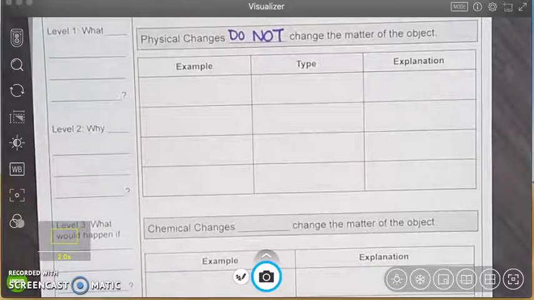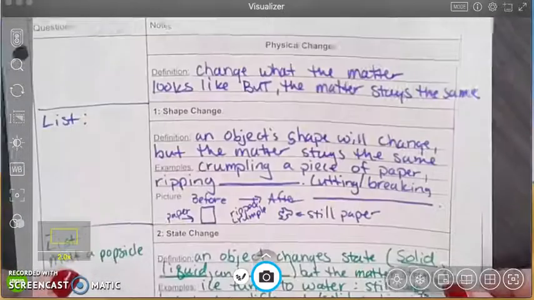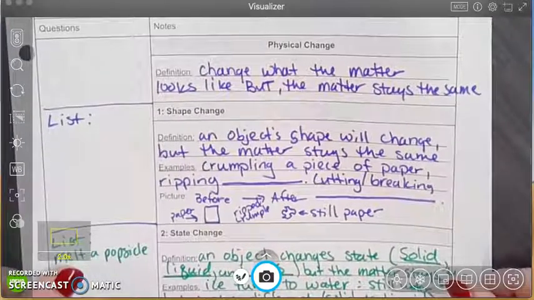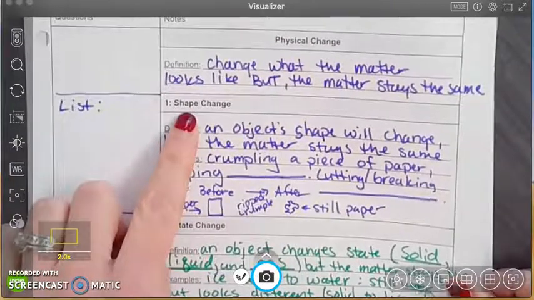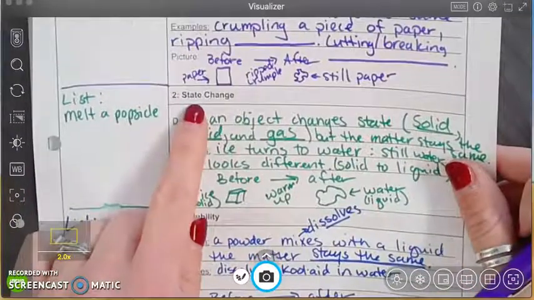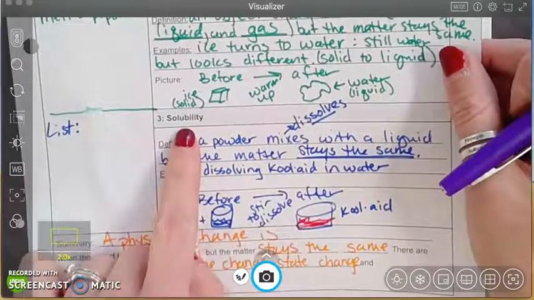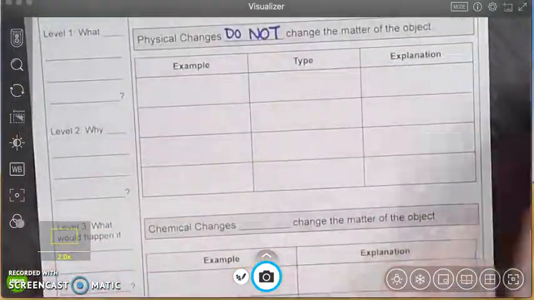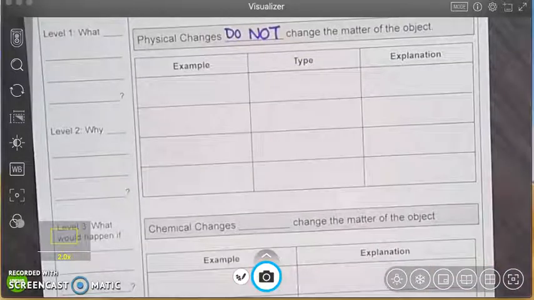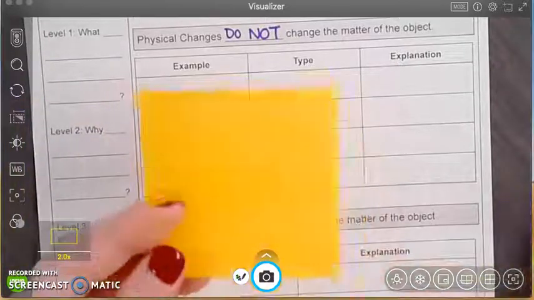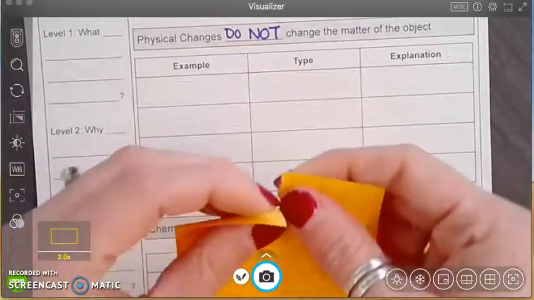So again, I'm going to reference these notes from yesterday. And I see that I could change its shape, I could change its state, or I could make something dissolve and do solubility. However, it's going to look different, not be different. So I'm going to do one example with us. I'm going to take this Post-it, because it's easier to see than the paper I had yesterday.